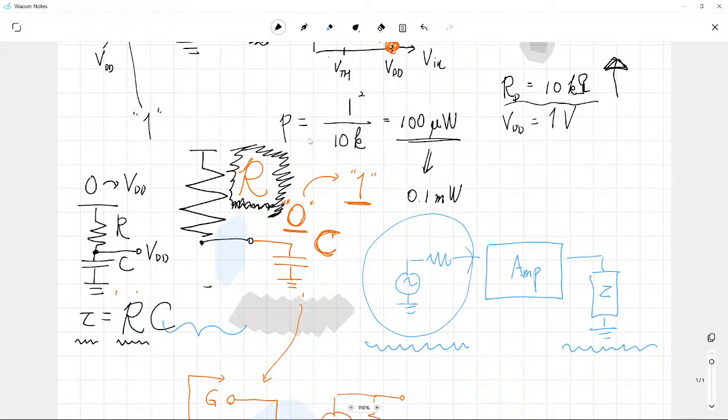If we just consider this logical or DC static property, then a large RD will be quite good. With just a large RD, you can solve the power consumption problem and also the weakness of your output signal. That can be solved. However, that is just a way to damage your speed. Your system becomes slower and slower.